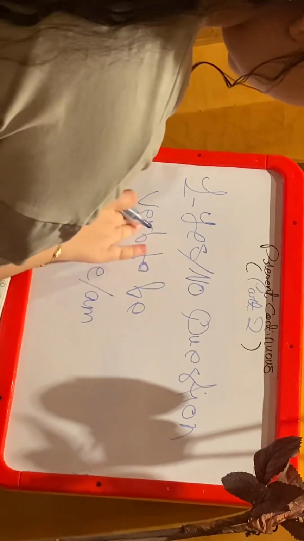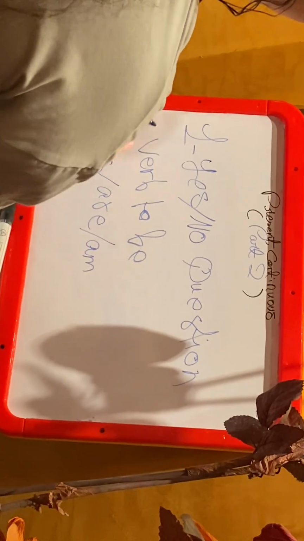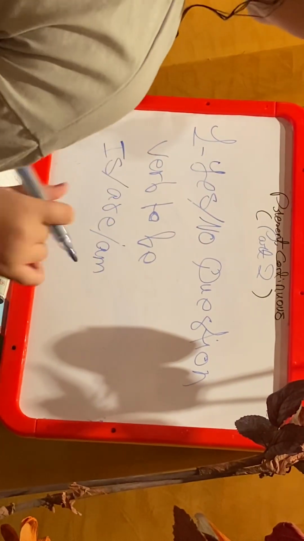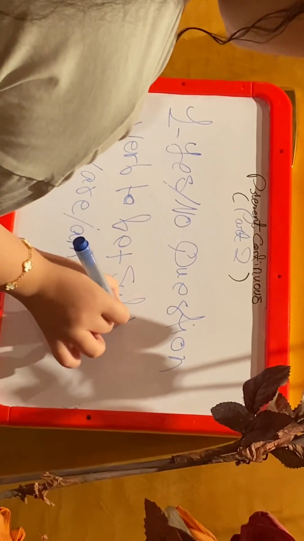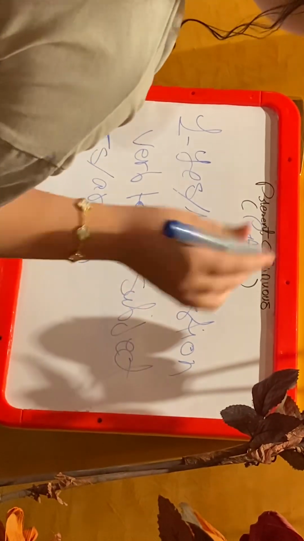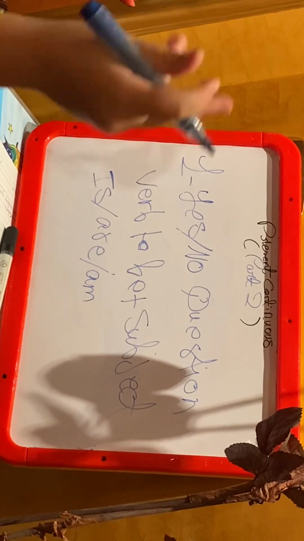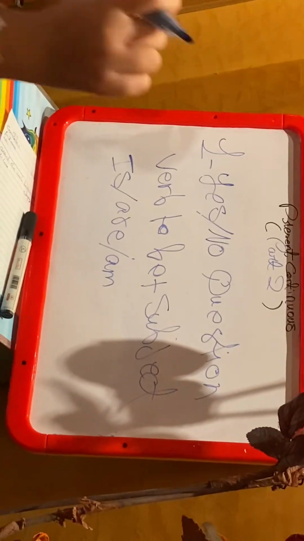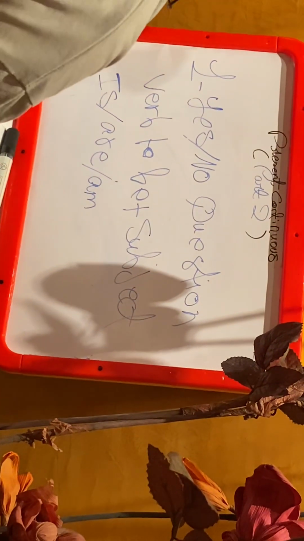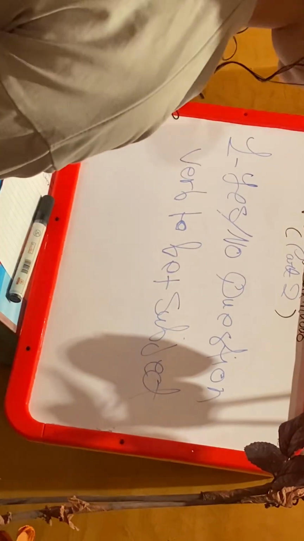Plus the subject, like he, she, it, we, you, they, and I. Plus subject. Now you know what is meant by verb to be.